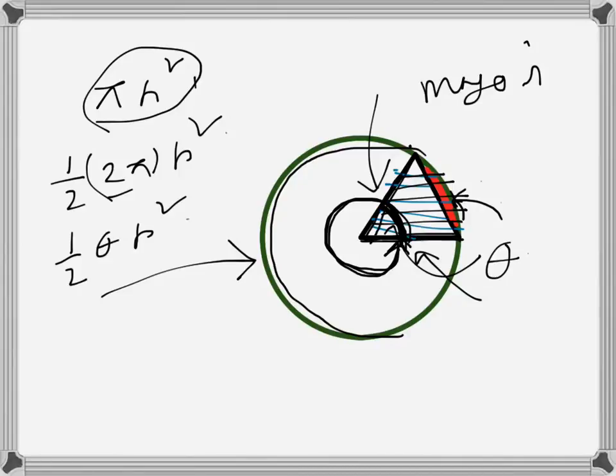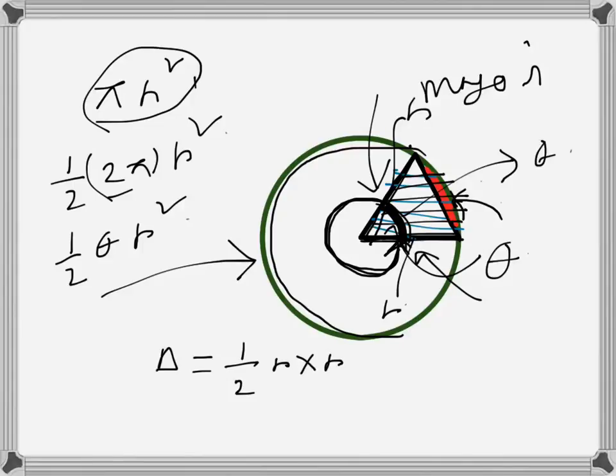So this is the triangle here, which has this r here, this r here, and this angle theta. And we know that when we have the two arm lengths and the interior angle, we can write the area of the triangle as half r times r, because these two are the arms, times the sine of the interior angle. So basically half r square sine theta.